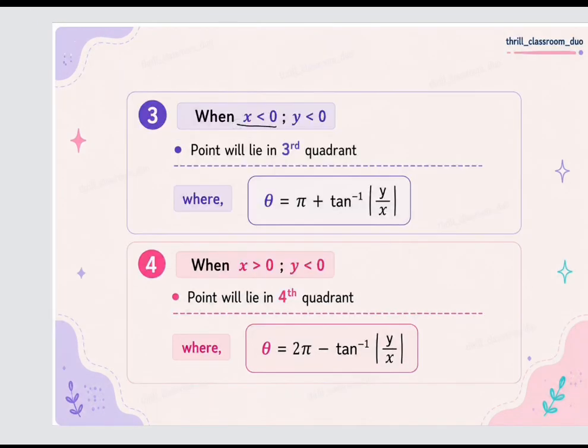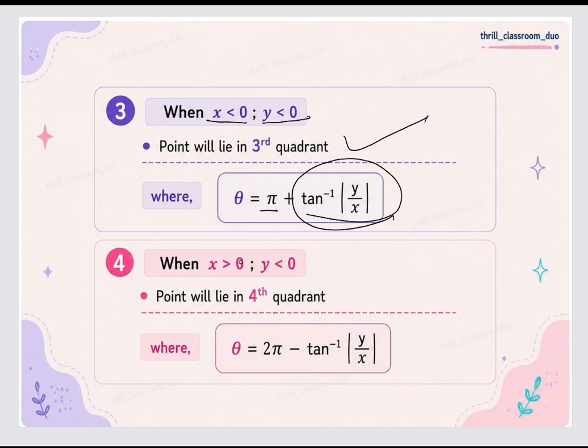When x is less than 0 and y is less than 0, the point of the polar form lies in the third quadrant, where theta is pi plus tan inverse modulus y upon x.